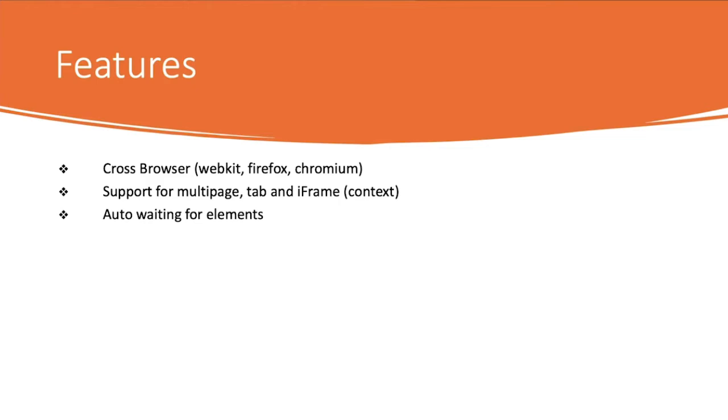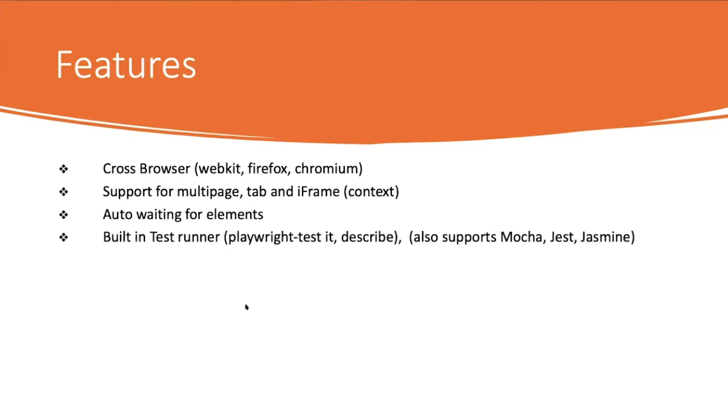So it's got an auto wait feature. So if it knows it has to click on an element, it will wait for that element to appear, and it will keep trying until that element appears. You can obviously set timeouts on that if you don't want it to wait indefinitely. But again, that just makes tests a bit more robust, less flaky, and means you don't have to worry about putting sleeps in your automated tests.